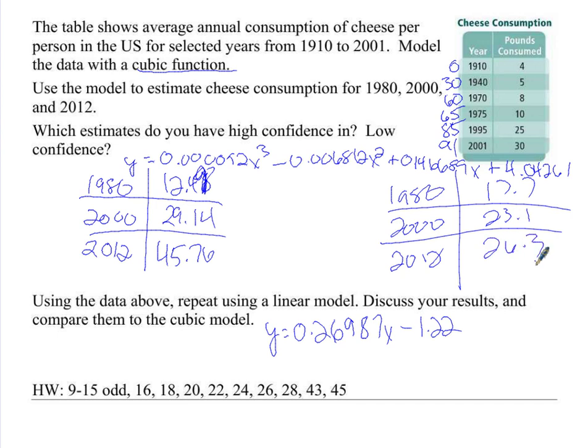Okay, discuss your results and compare them to the cubic model. What do you think? The cubic one is more feasible? Okay, so let's talk about the cubic one first. Compared to the linear model, is it better or worse? The answer is it's both.